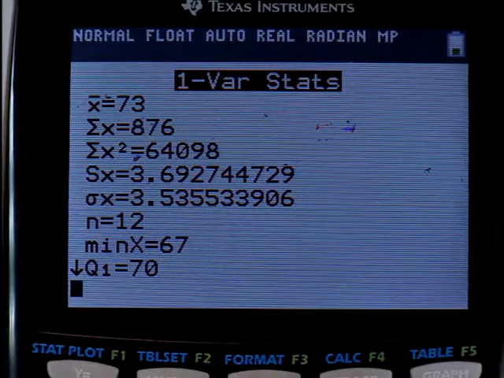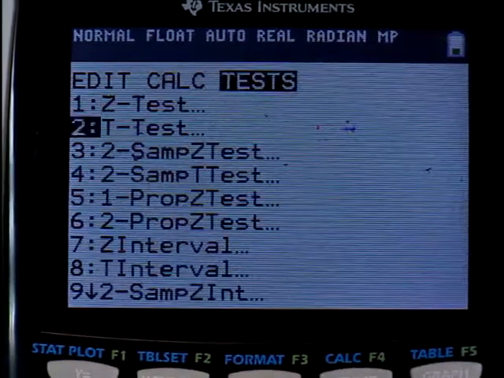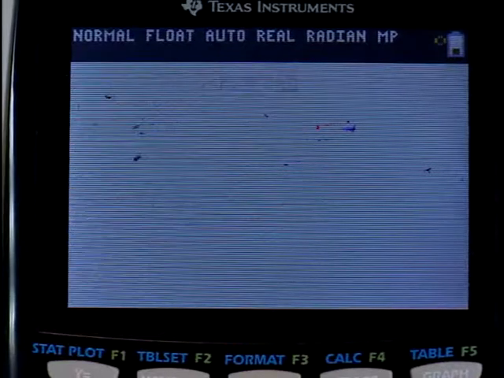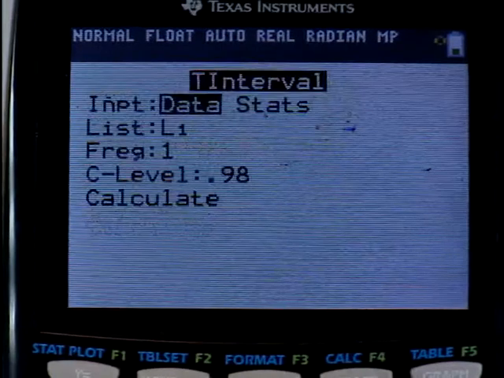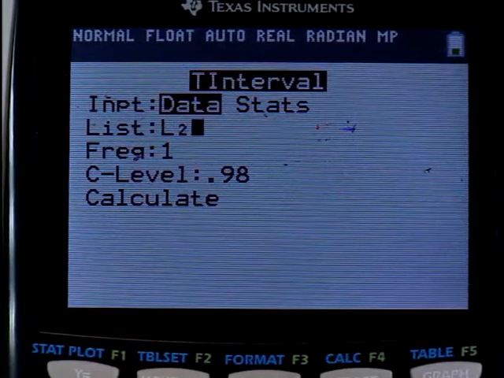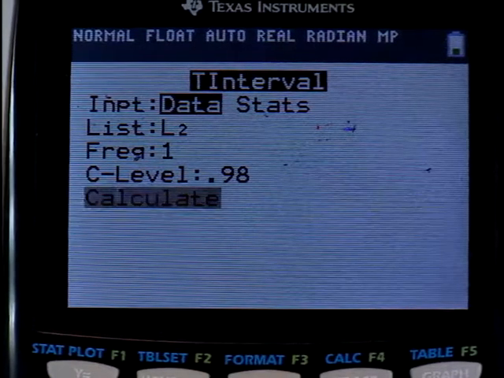You can find the information this way, and then go to Stat and Test, and go down to number 8, T interval. Arrow over to Raw Data and press Enter. I put my data in the L2 column. Frequency remains 1. The C level's 0.98, and calculate.